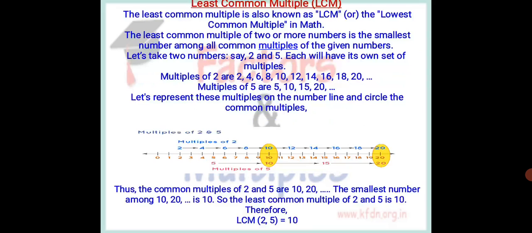All are multiples of 2. Simultaneously find out the multiples of 5: 5, 10, 15, 20, 25, and so on. All are multiples of 5. And now represent these multiples on the number line and circle the common multiples. So I have made two number lines.